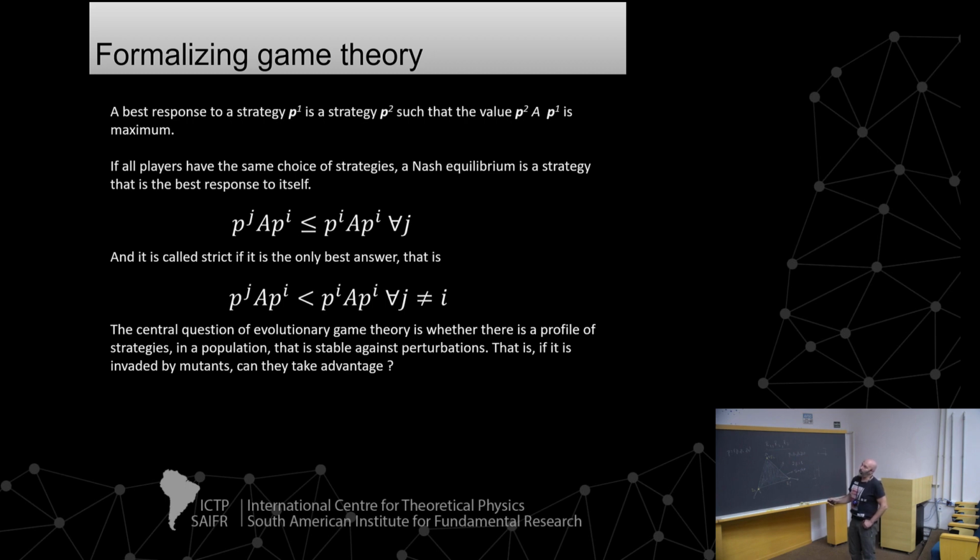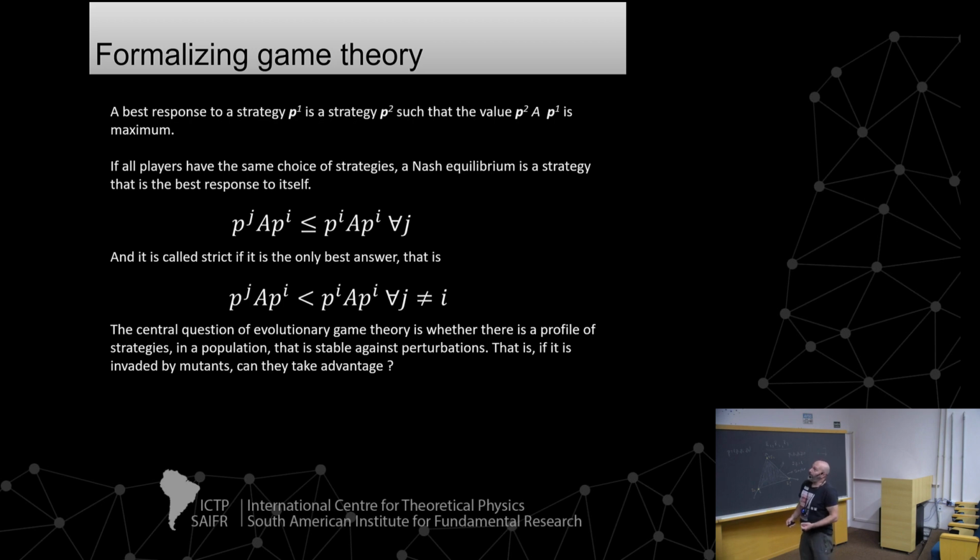So if I have greater or equal, I will say that P_i is a Nash equilibrium. If I have strictly greater than, we will say that P_i is a strict Nash equilibrium. So this is the difference between a Nash equilibrium and a strict Nash equilibrium.